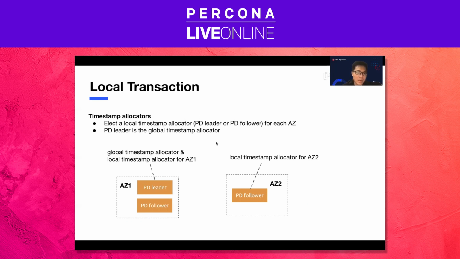Besides, there is a global timestamp allocator for the whole cluster, and it is always the PD leader. In this picture, the PD leader is both the global timestamp allocator and the local timestamp allocator for AZ1. Both local timestamp allocators and the global timestamp allocator are capable of allocating timestamps.